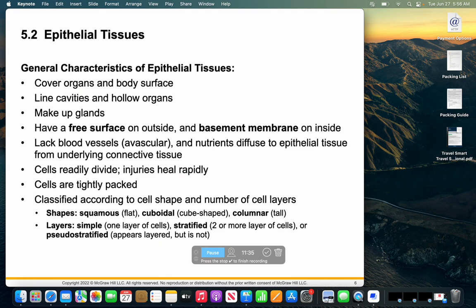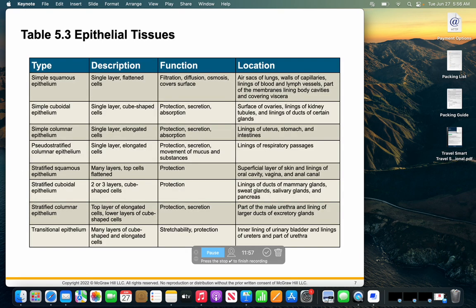We learned that while epithelial tissue does line and cover things, it also makes up glands. And it will always have a free surface on the outside, and it's connected to the basement membrane on the inside. And usually below that is going to be connective tissue. And we saw that epithelial tissue comes in different shapes and layers. And we can make all kinds of different names for those.